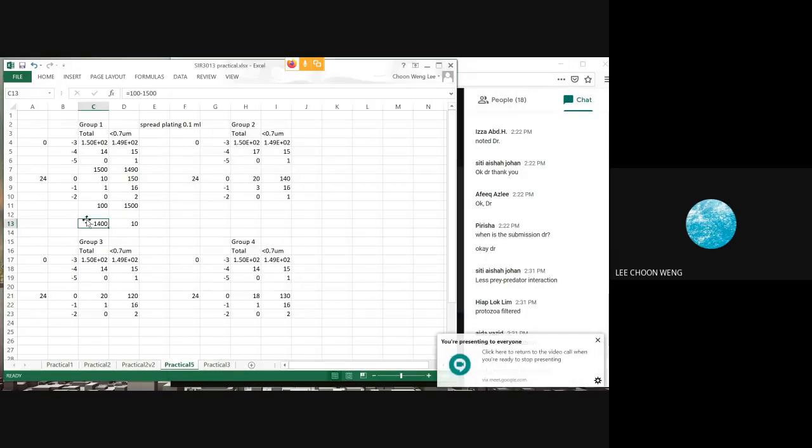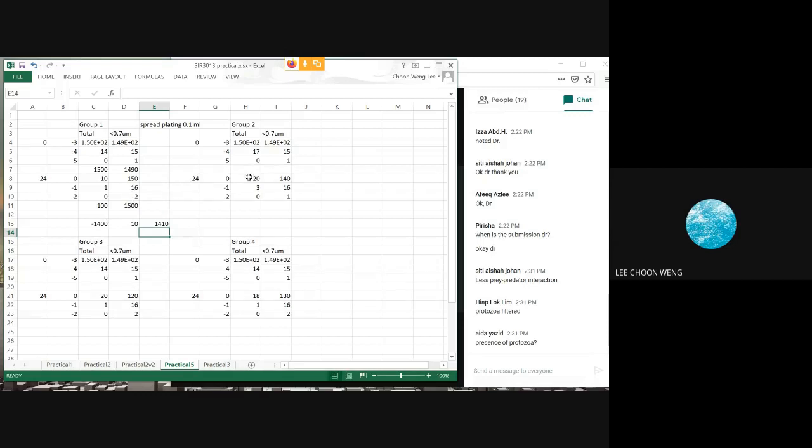So from here, you can estimate the amount of grazing that has occurred between this and this. Because this slope goes up, this slope will go down.